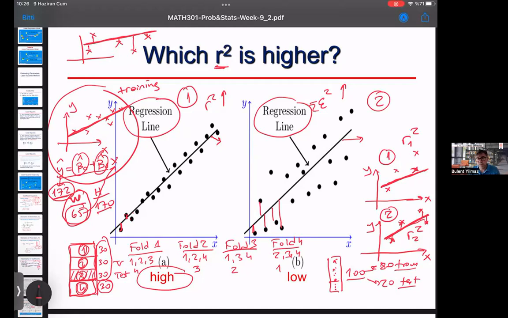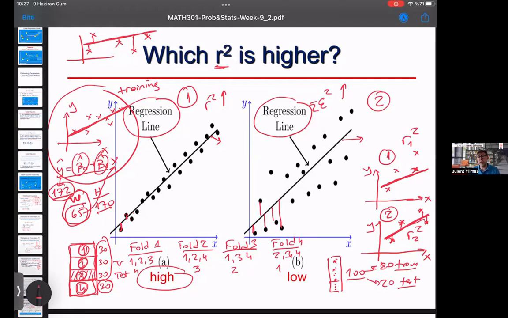But for this purpose, for now, for your project, I don't want you to push too much. Just choose 80 random training data and leave 20 out, and then find your model prediction equation using these 80 training samples, and then test on 20 samples and comment on the error that you have.